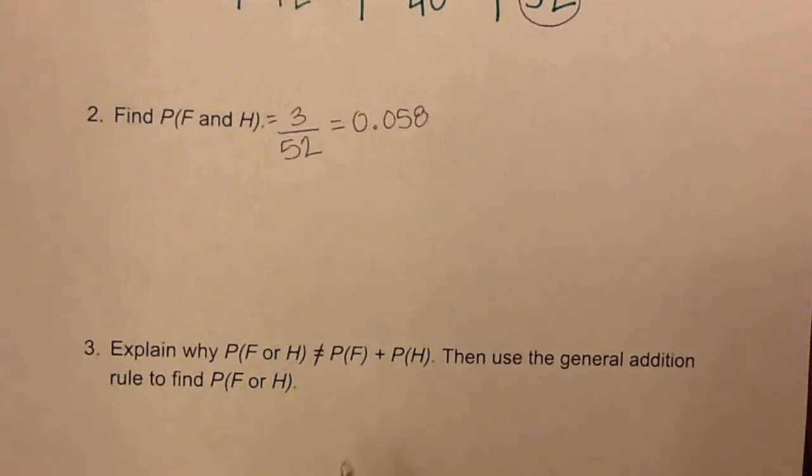So that should say, and it does now say, not equal to, because this rule only works if you already have a mutually exclusive event. If the probability of a face card and the probability of heart cannot both occur at the same time, so they're mutually exclusive, then you can simply add them together. But these events are not mutually exclusive, so we can't simply add them together.